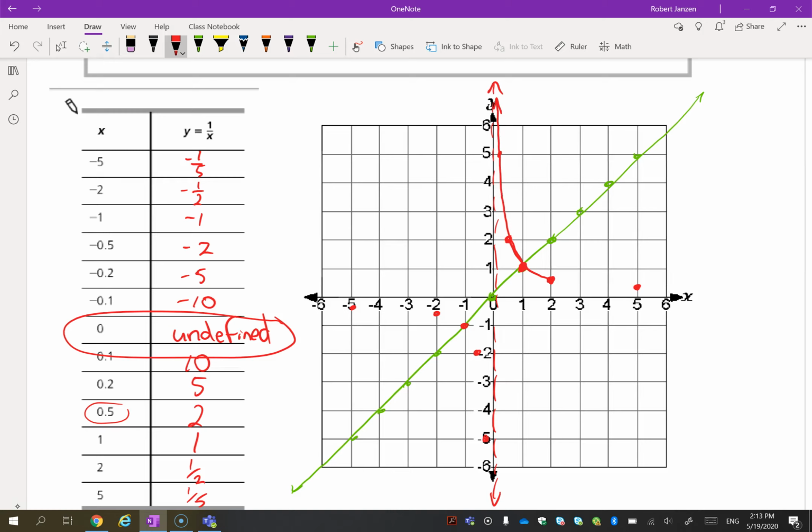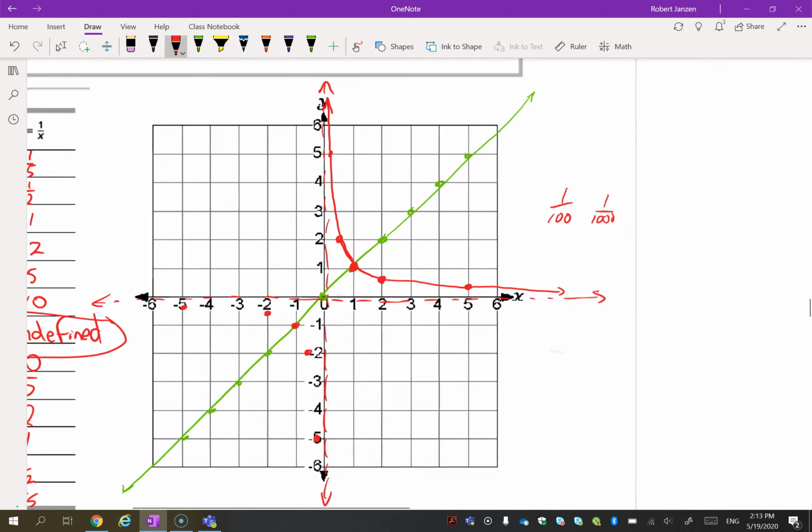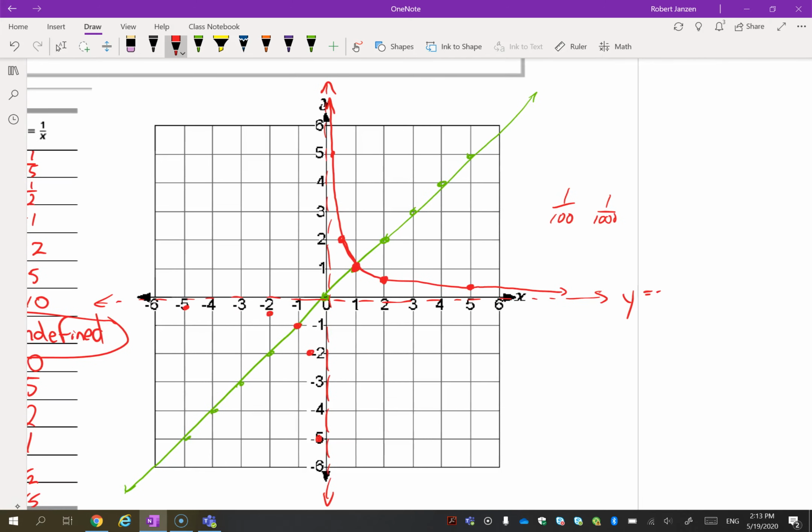Down here, with the bigger x's, think of x being 100, then you have 1 over 100. Think of x being 1,000, then you have 1 over 1,000. The bigger x gets, the smaller this graph gets. In fact, it gets smaller and smaller, but never gets to 0. Here there is another asymptote.